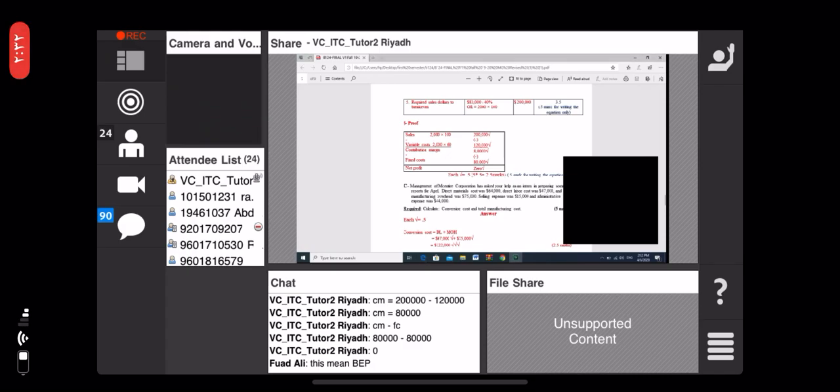So total revenue minus total cost must be equal to 0. Revenue equals total cost. Yes, there is no profit, no loss.